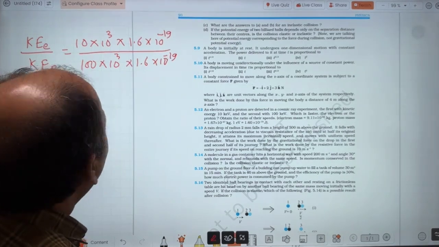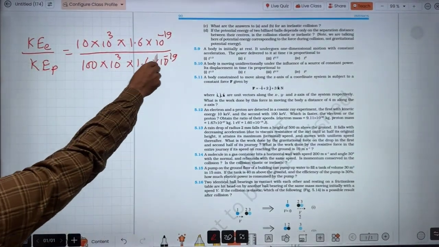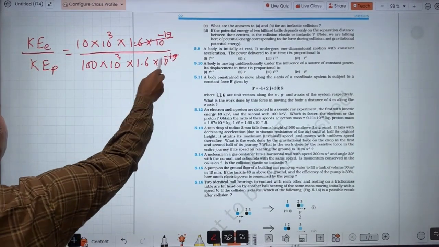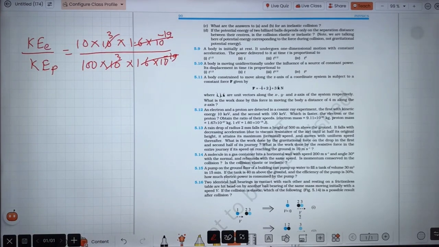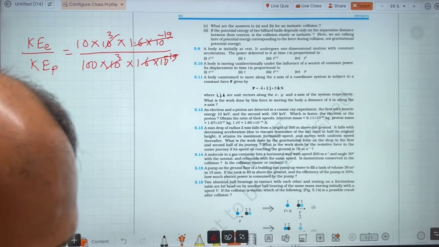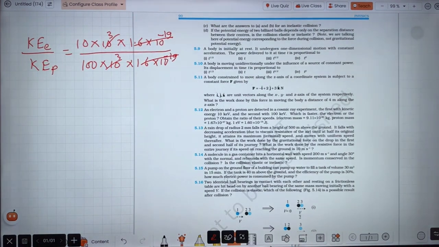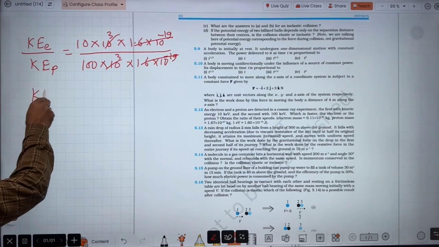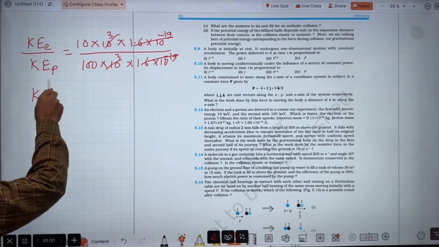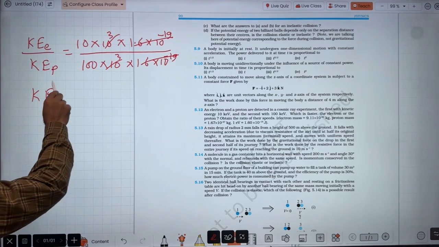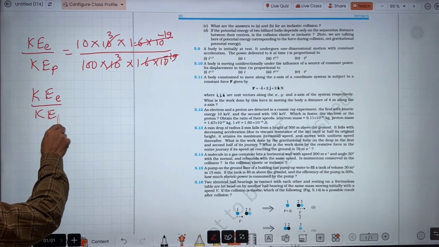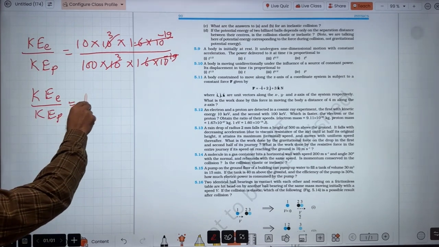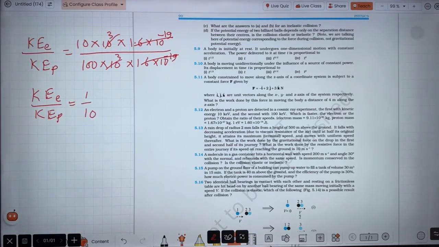Now, the question is which one is faster. These two terms will cancel out, 10 power 3 will cancel out, so 1 by 10 will be left. So KE electron divided by KE proton is 1 by 10.